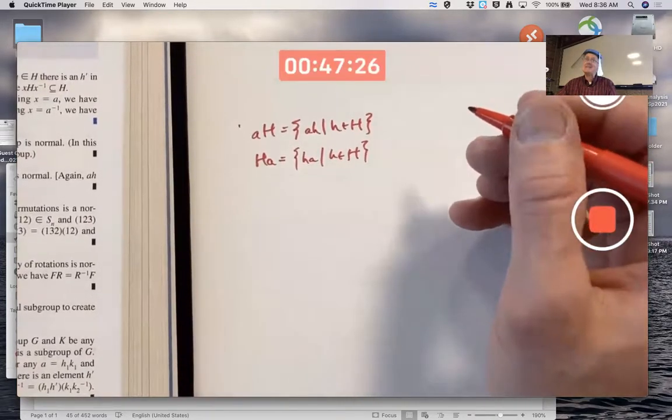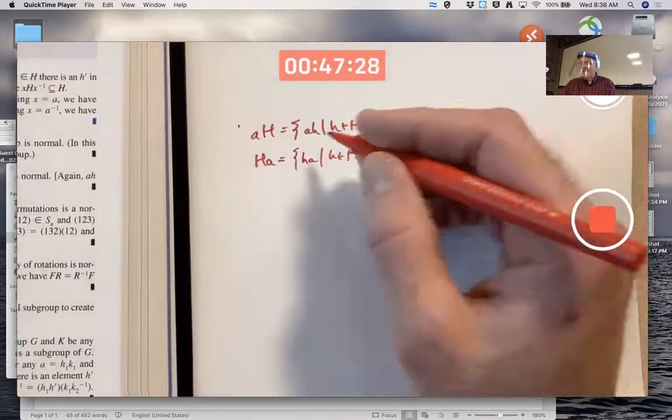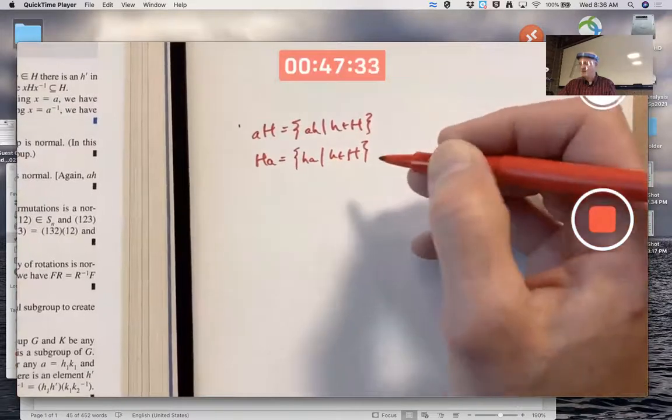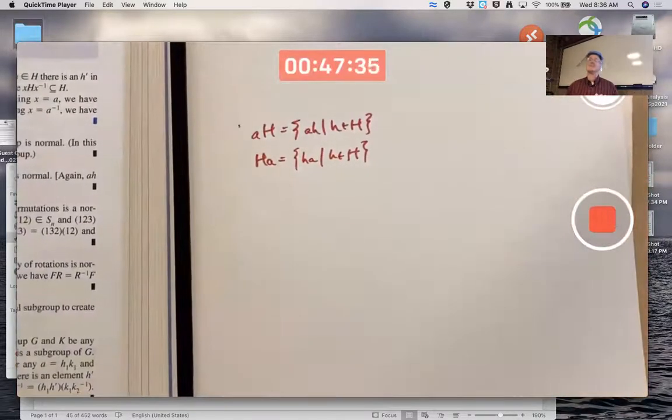As sets, that does not mean a times little h equals h times little a for all little h and a. It does not mean that.